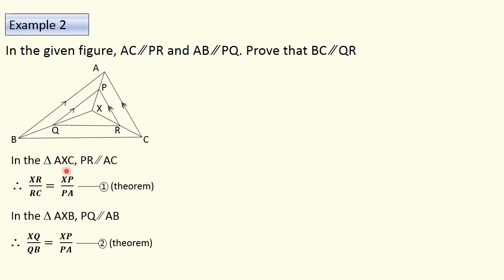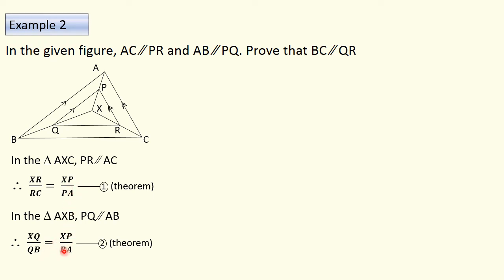For the triangle AXC, equation number 1. For the triangle AXB, equation number 2. When we observe the two equations carefully, XR over RC equals XP over PA. Second, XQ over QB is also equal to XP over PA.